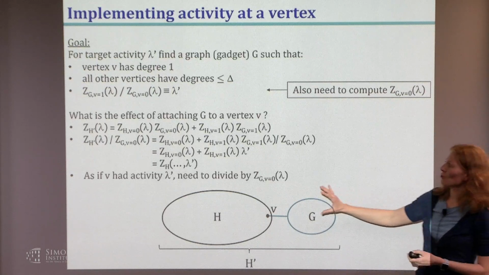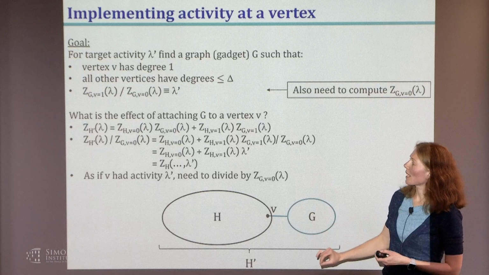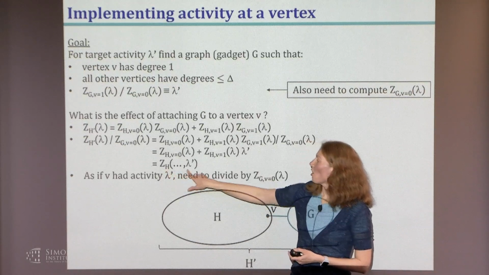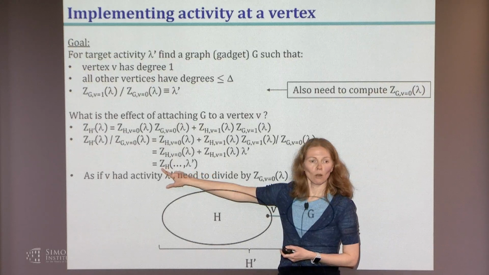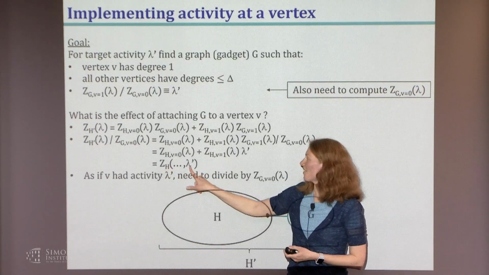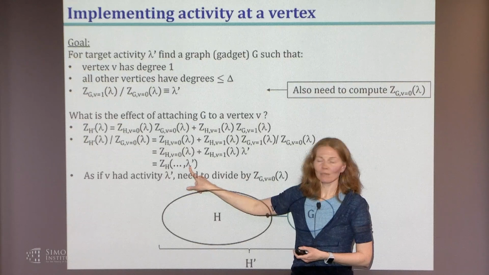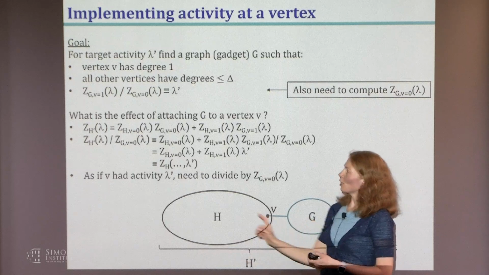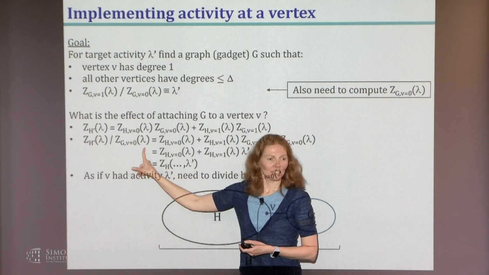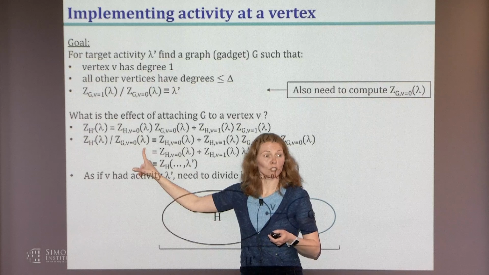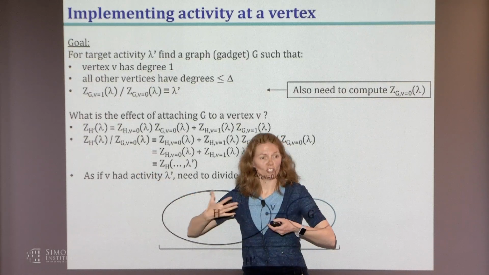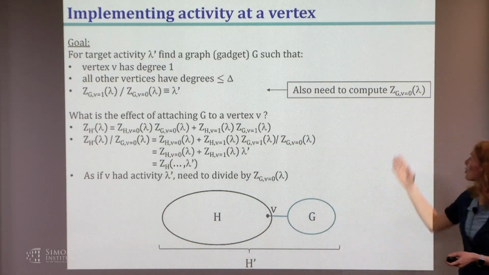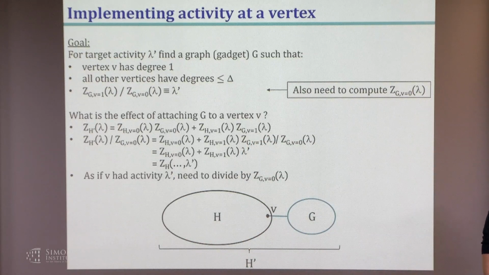What we also need to be a little bit mindful about, but it's a minor technicality, is that the target independent set polynomial, the one where we are pretending that we have lambda prime, is like the independent set polynomial when we attach the graph, but there is this extra factor, so we need to be able to compute it so that then we can adjust the quantity. It's a small minor technicality, we just need to be able to compute this quantity, that's all I'm saying.